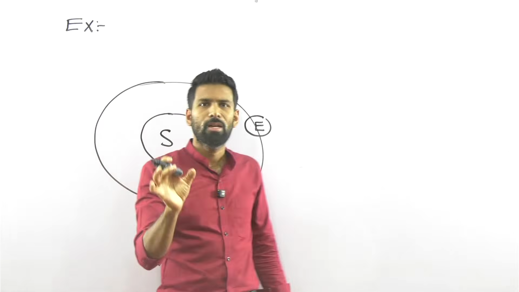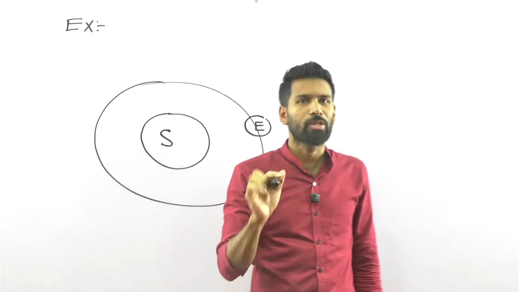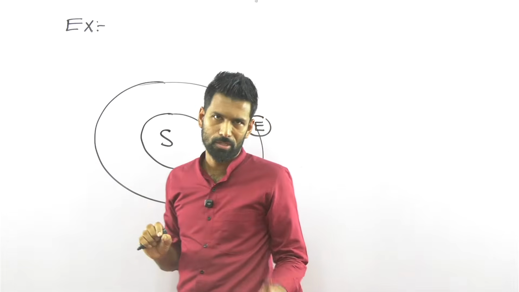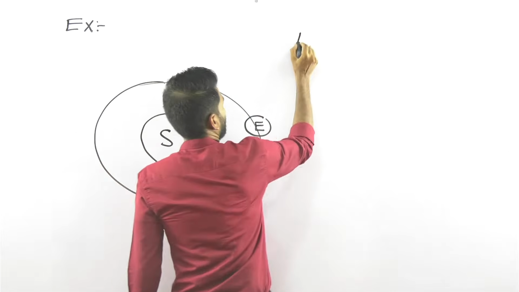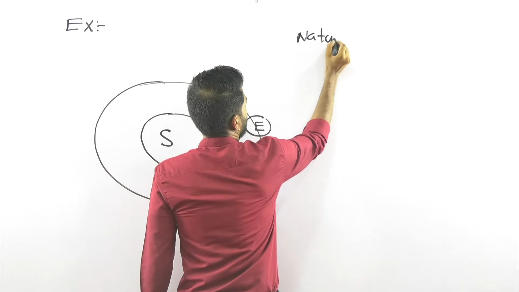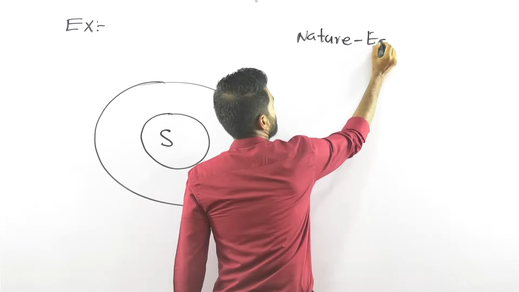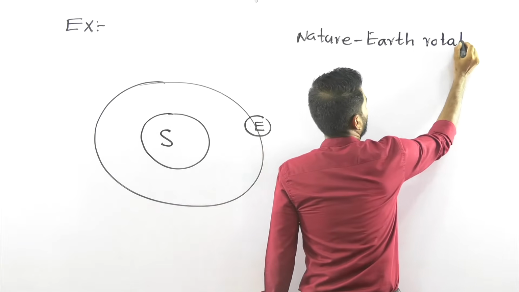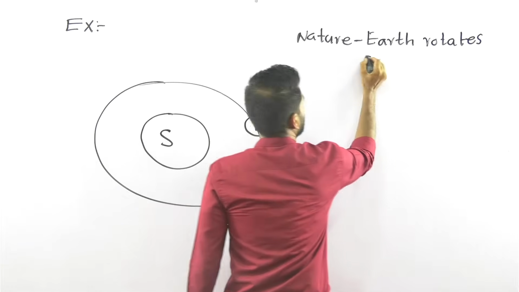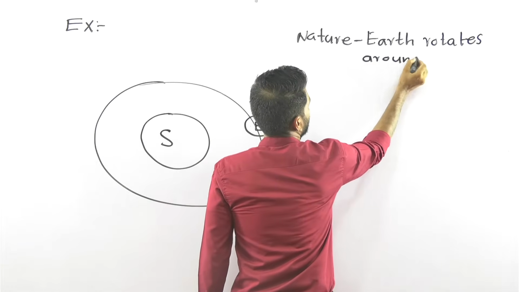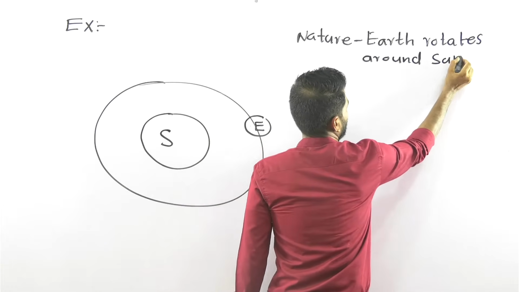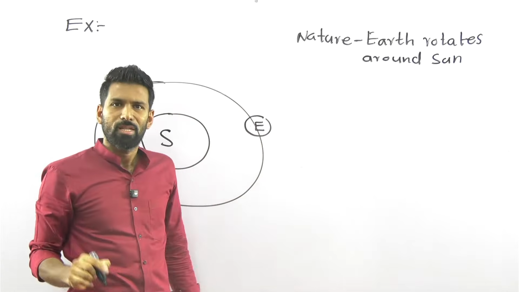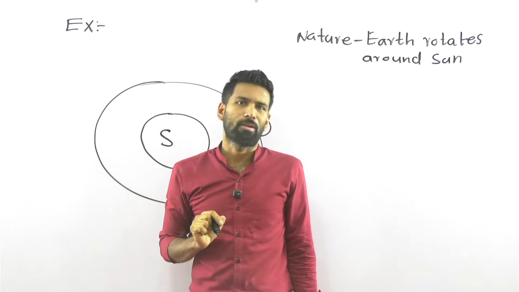So it's the nature. Our Earth is rotating around the Sun. So nature is that Earth rotates around the Sun.